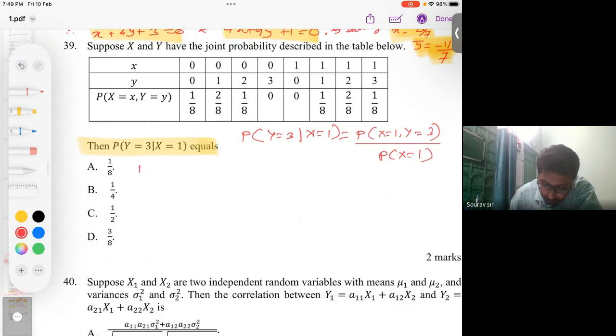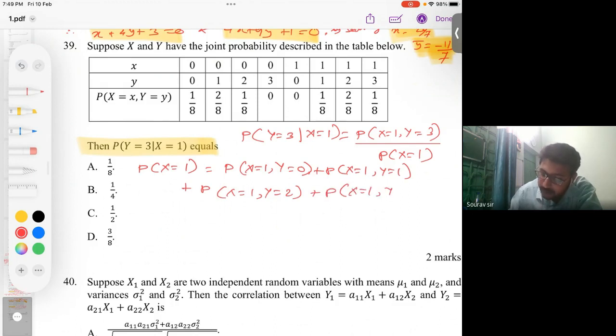Now P of X equal to 1 can be written as P of X equal to 1, Y equal to 0, plus P of X equal to 1, Y equal to 1, plus P of X equal to 1, Y equal to 2, plus P of X equal to 1 and Y equal to 3.